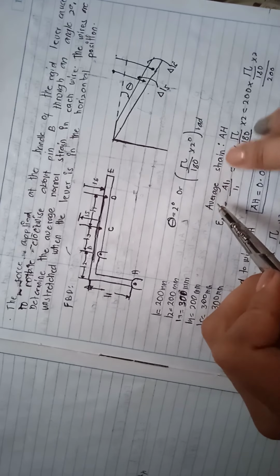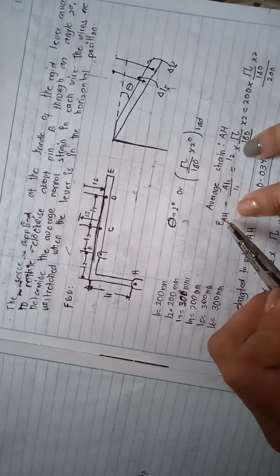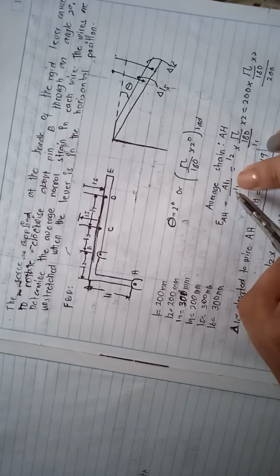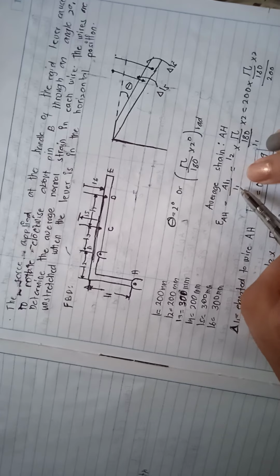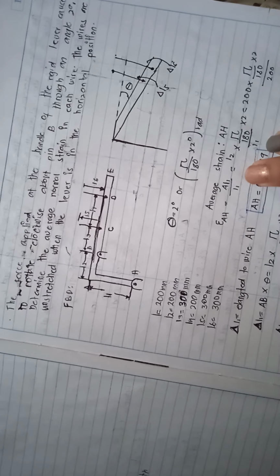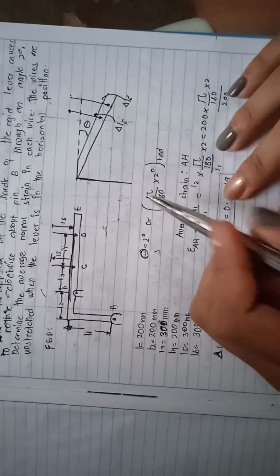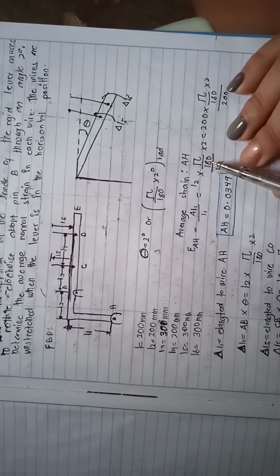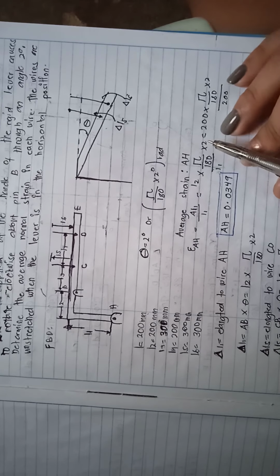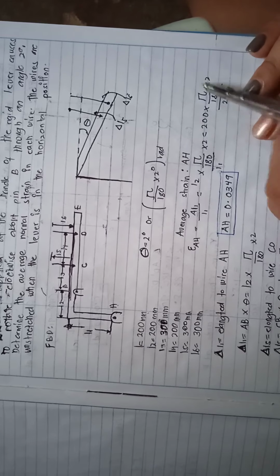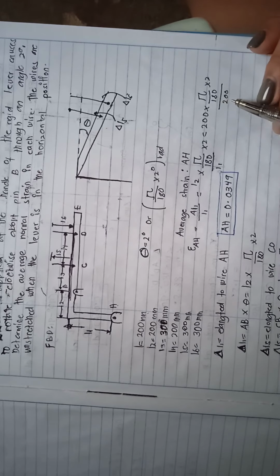So, the average strain, or epsilon H, equals change in length of I1 over I1, which equals I2 times pi over 180 times 2 over I1, equals 200 times pi over 180 times 2 over 200.